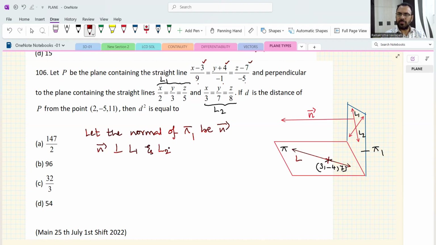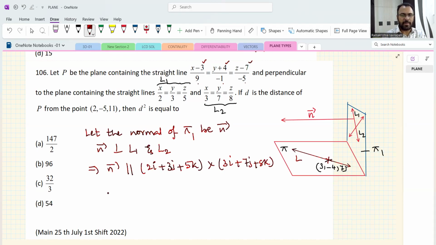Right, so which means that n bar is parallel to 2i plus 3j plus 5k cross 3i plus 7j plus 8k. Well, okay, right.